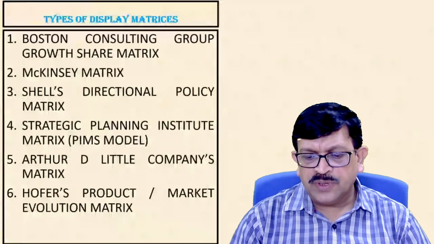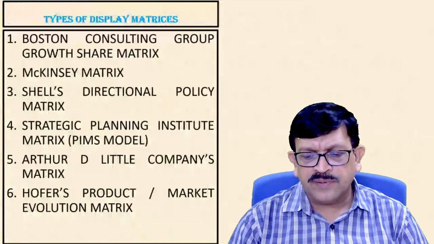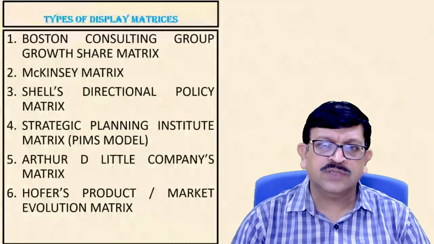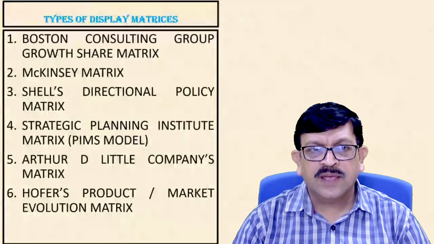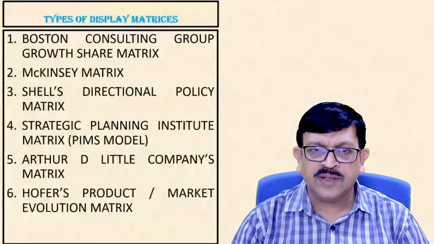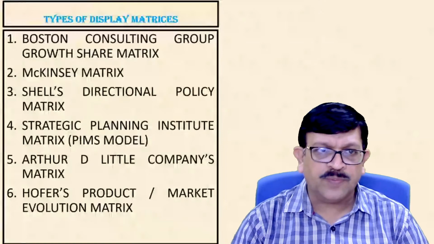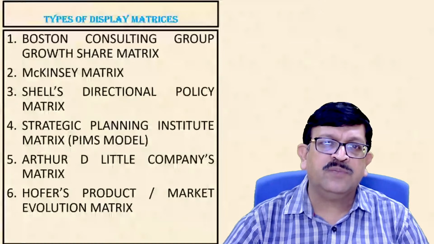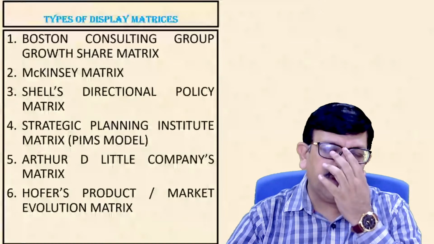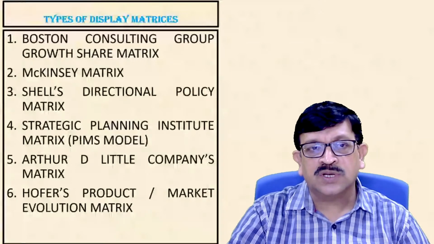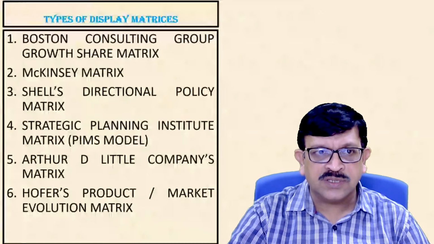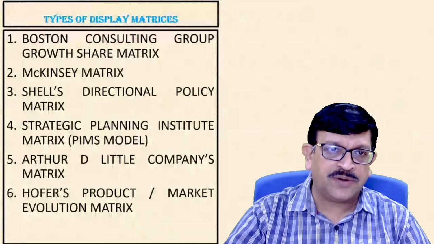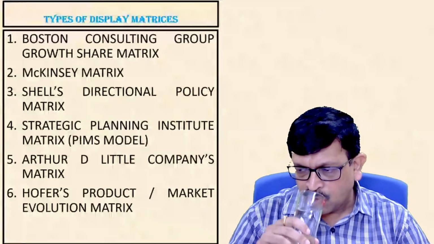Next, we look into the types of tools that we use for carrying out the resource allocation analysis by looking at the product portfolio. One of the very common and famous matrices that we all use is the Boston Consulting Group Growth Share Matrix, or the BCG matrix, if you have heard of it before.